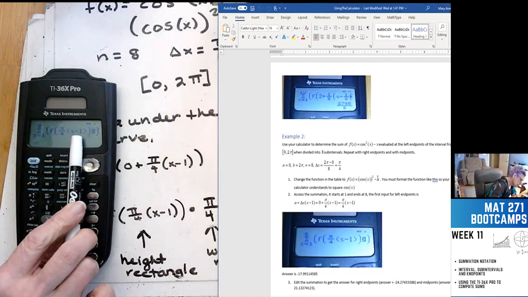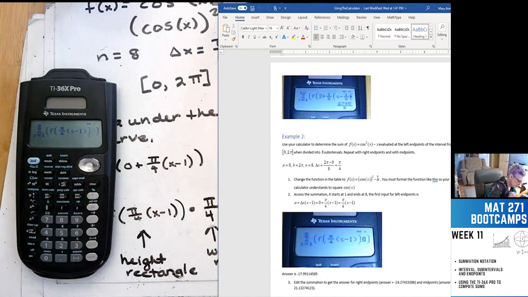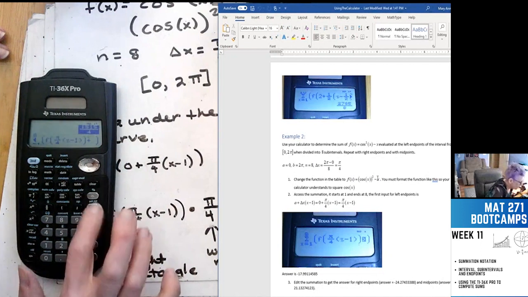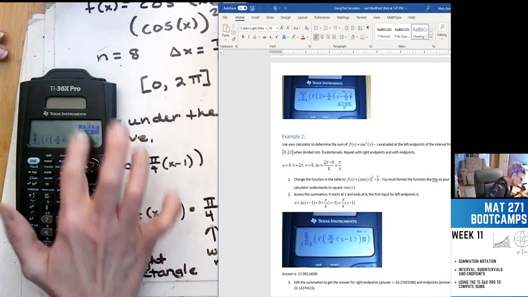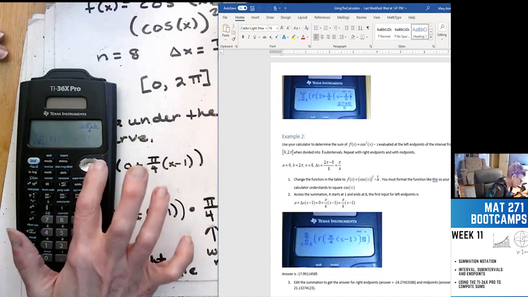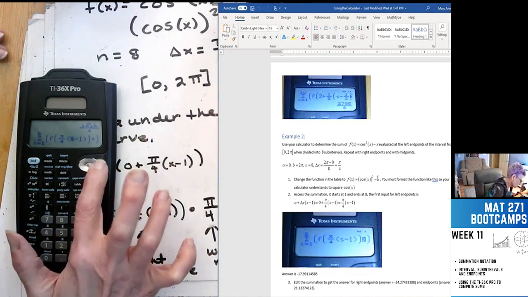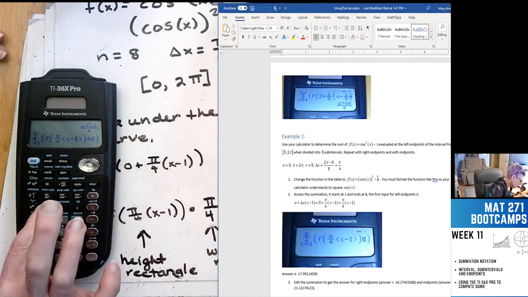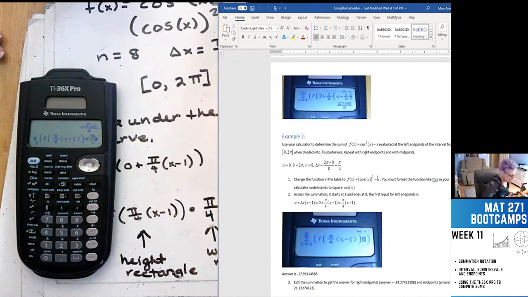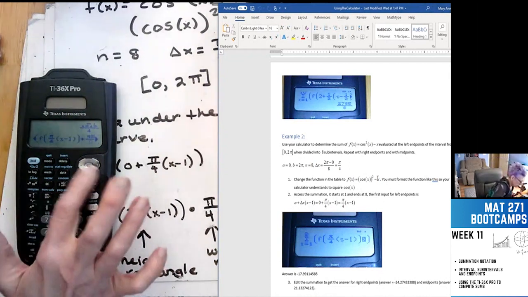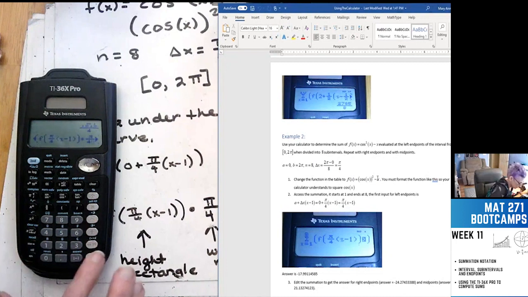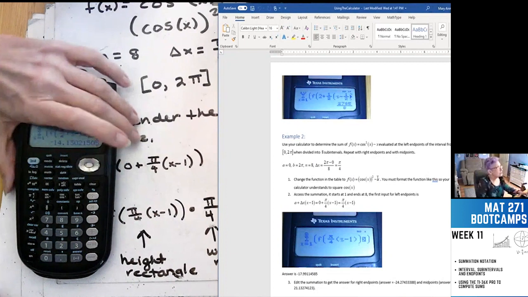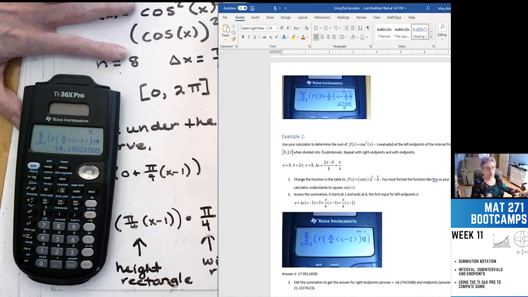Close the x minus parentheses, close the f of parentheses. Then I'm going to multiply that, not add, but multiply. Whoops. Multiply that by delta x, pi over 4. And that gives me an estimate for the area underneath that curve.